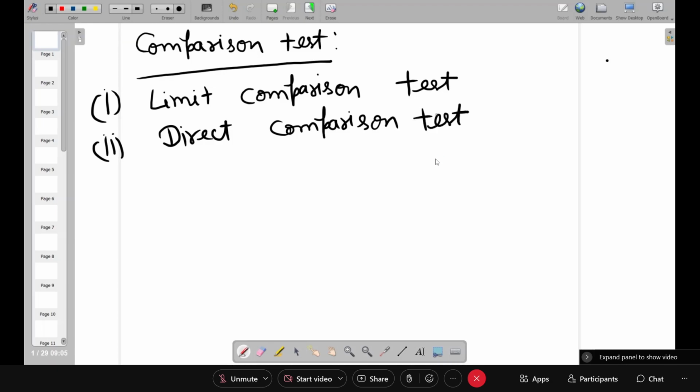Okay. So first one is limit comparison test.